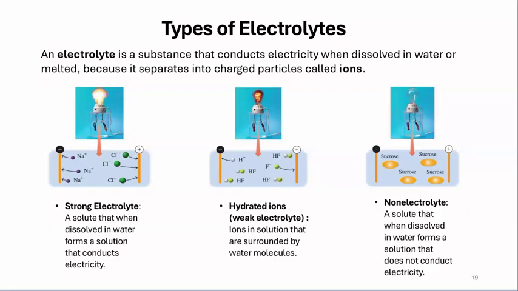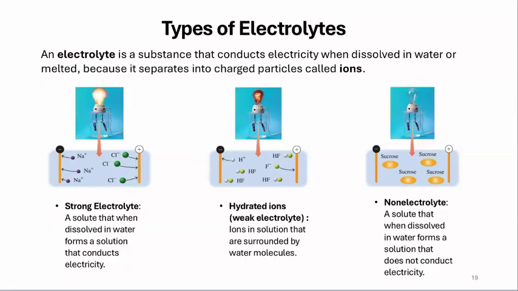Weak electrolytes are going to be ions in solution that are surrounded by water molecules. For example, an example of a weak electrolyte is going to be a solution that is made out of hydrogen monofluoride in water. Hydrogen monofluoride is a covalent compound that only partially ionizes.